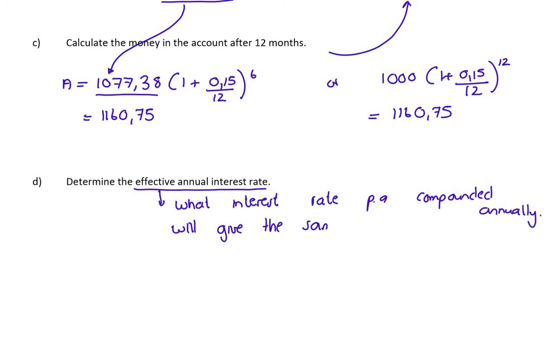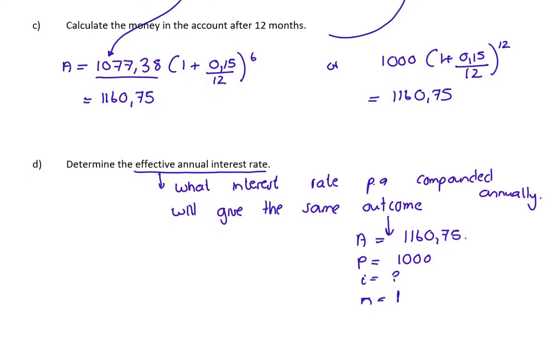Okay, well the question is, what was this outcome? This outcome was 1,160 Rand and 75 cents. So how do I have that same A value if I start with 1,000 Rand? What interest rate would I need if I only got interest once in the year? Because it was an effective interest rate. It wasn't compounded, it was just once.